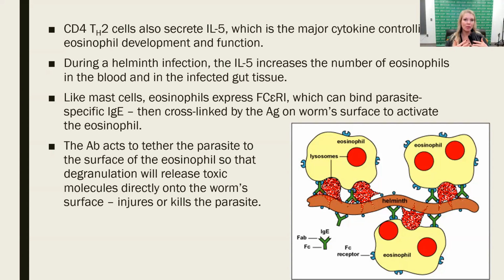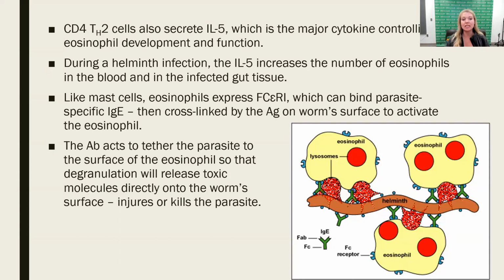And when we have a helminth infection, then the presence of IL-5 is going to ramp up the number of eosinophils that are present. Eosinophils live in the blood. That's typically where they're going to be found. They can also be found in other tissues, nasal, upper respiratory for sure, and then maybe in the gut.